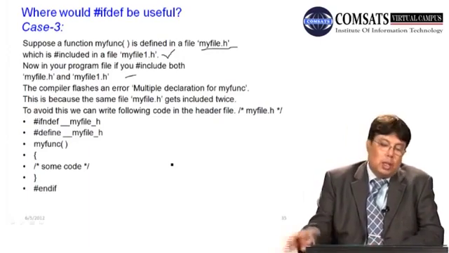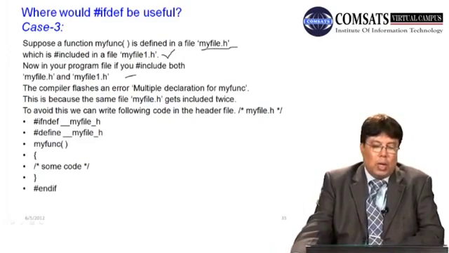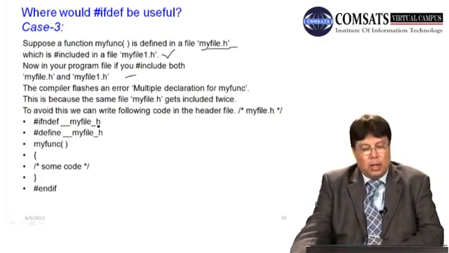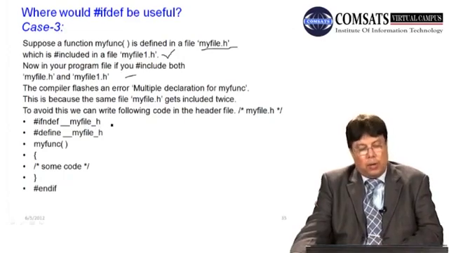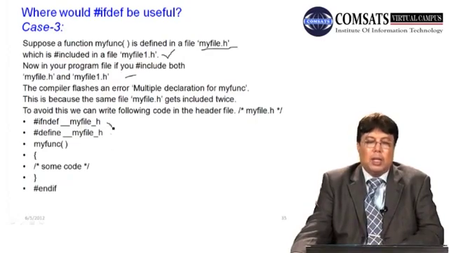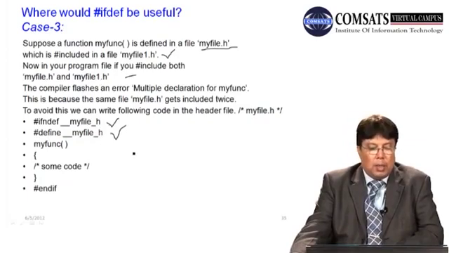What could be the solution? The best solution is that you put a code, one single code, that checks if myfile_h is defined; if not defined, then define it. Very simple. If it is not defined, then define it. But if it has already been defined, then in any order, whether you included function 1 first or function 2, I think I have got the example in the next.